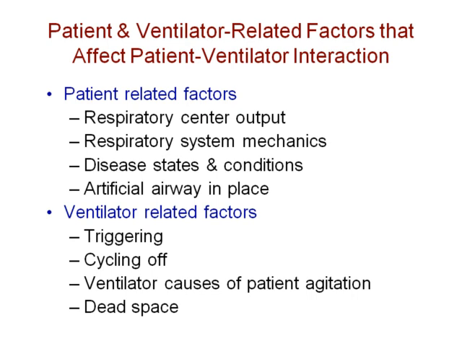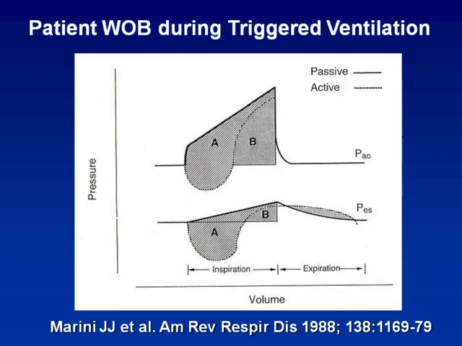And obviously there are factors related to the patient: the status of the respiratory center output, the respiratory system mechanics, disease stage and condition, and we must also always think that there is an artificial airway in place, and then the factors of the ventilator that we are responsible for: triggering, cycling off criteria, ventilator causes of patient agitation, and also dead space. If we have this in mind, we look at the patient and we look at the waveforms, I'm sure that we can do things much better.